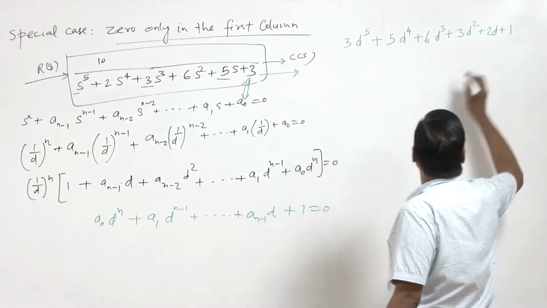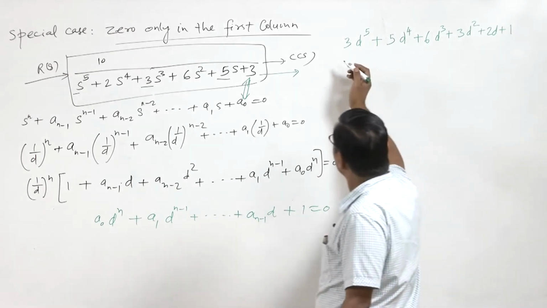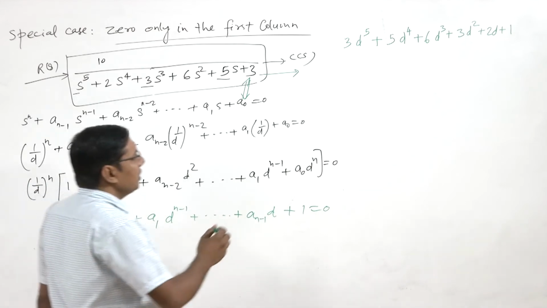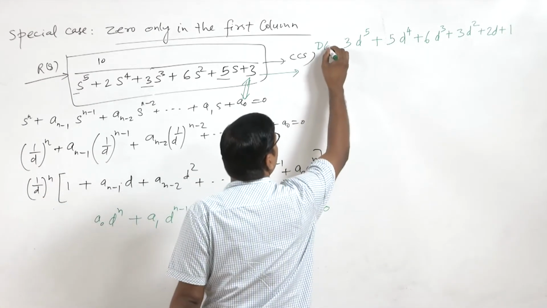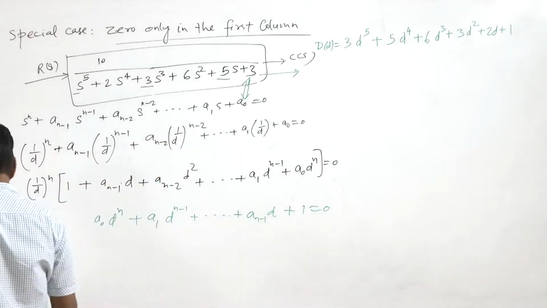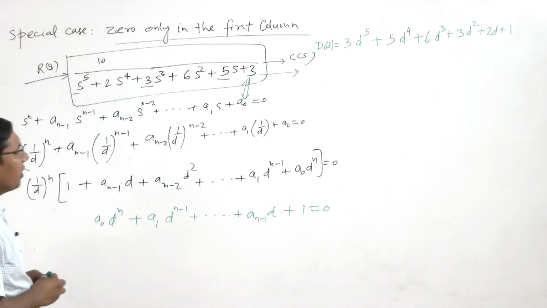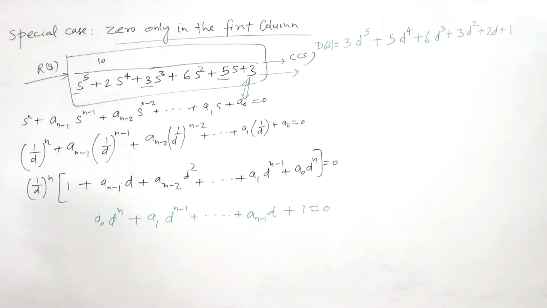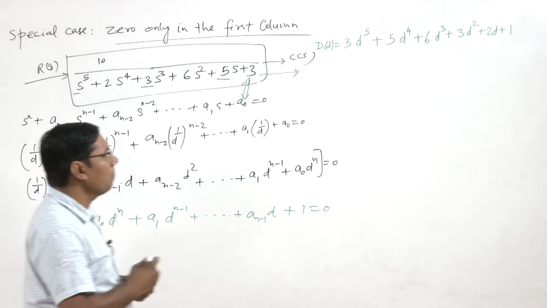This is the polynomial, a function of d. Now we have to create the Routh table for this. So let's generate the Routh table.